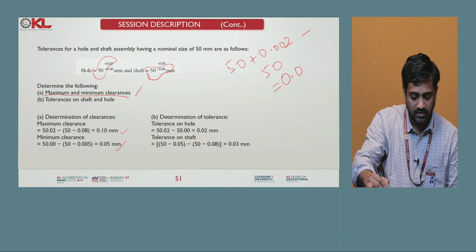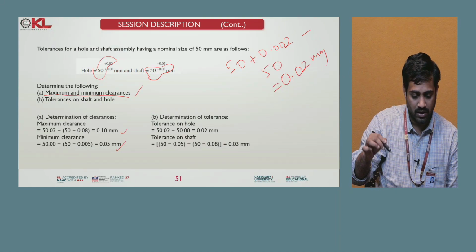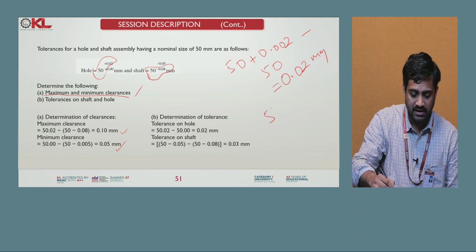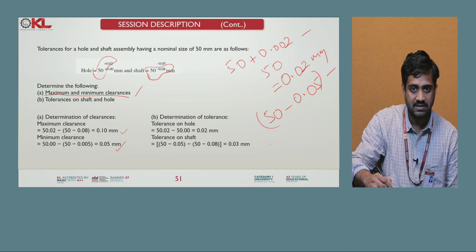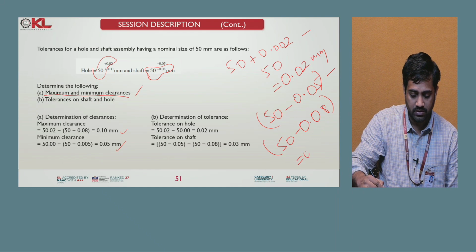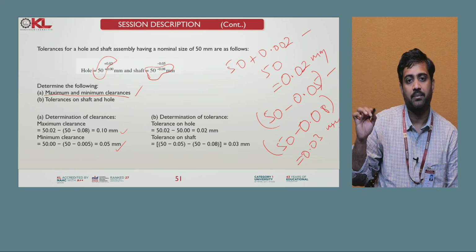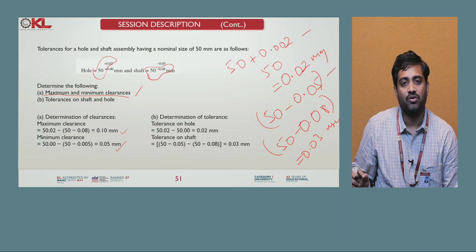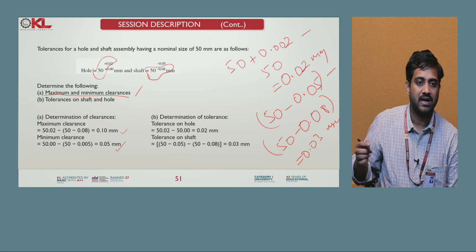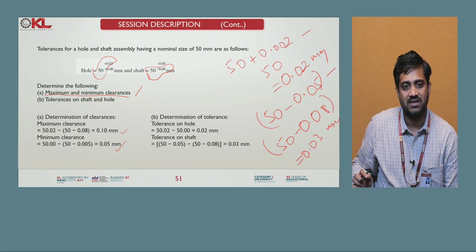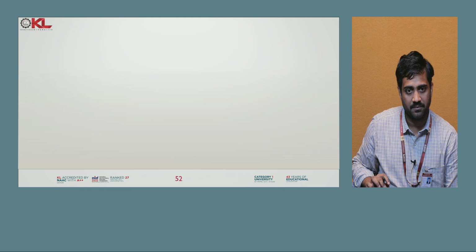The hole tolerance will be 0.02 mm only. And coming to the shaft tolerance, it is 50 minus 0.05 minus 50 minus 0.08, which is around 0.03 mm. This is the shaft tolerance. Like that, from the hole and shaft assembly with some nominal diameter, we can easily estimate the maximum and minimum clearances and the tolerances on shaft and hole.